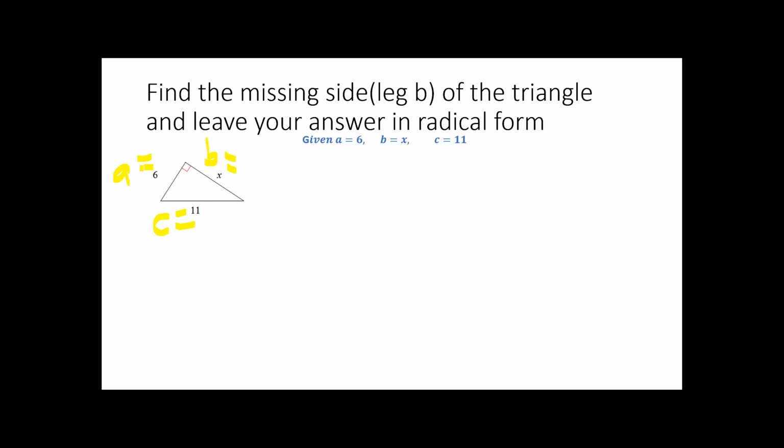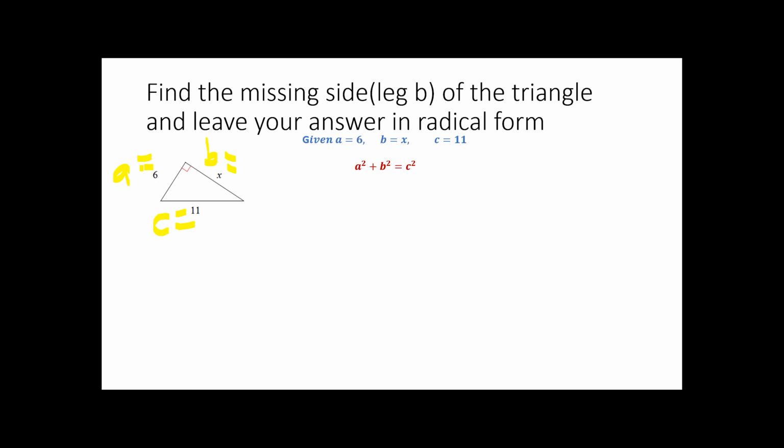You have noticed in my slides I am labeling the short leg as A and the long one as B, and C for the hypotenuse. Switching A and B doesn't matter, but the hypotenuse should remain C. It's on one side of the equal sign, and the legs are both on the other side.